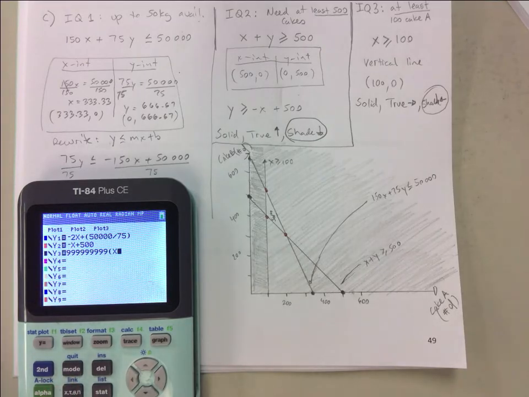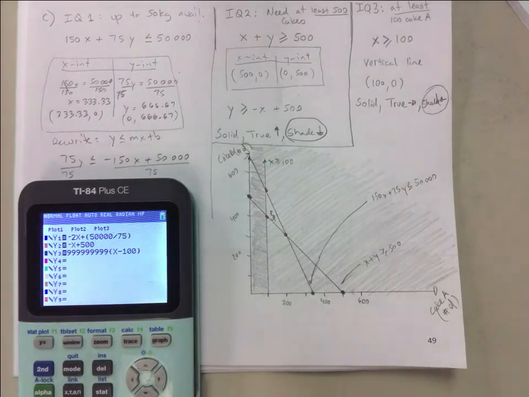It's x minus 100 if you want to graph it at plus 100. Did I add that to your study sheet? I'm not sure. I think I'm running kind of out of time, so I'm going to let you add this to your study sheet, how to enter that. I feel like I did. Yes, I did. I have it right here on my study sheet.